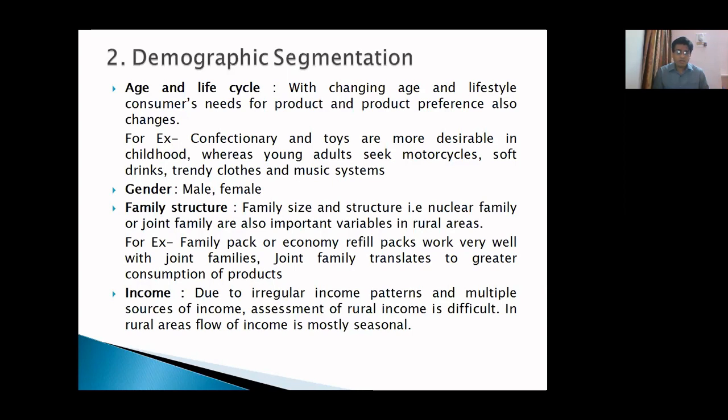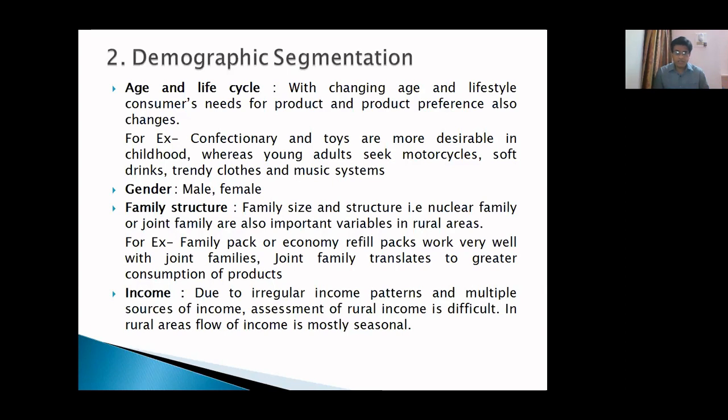Next variable is gender. For example, male will be requiring different kinds of product. Females will be having the requirement for different kinds of product. For example, if we are talking about the face cream.